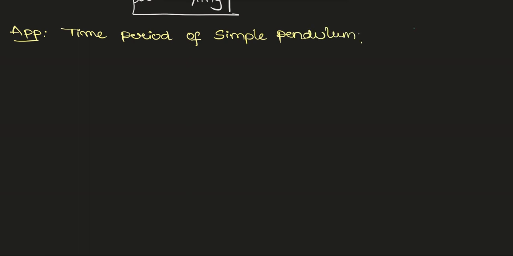So, initially we know this. If a simple pendulum is there, for small oscillations, it will perform a simple harmonic motion with the time period 2 pi square root of L by g. So now, if it is a charged bob, we are having three different cases.